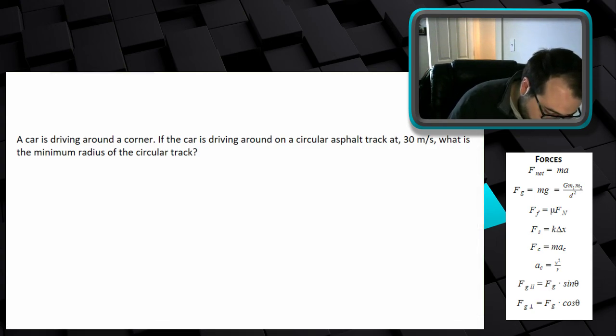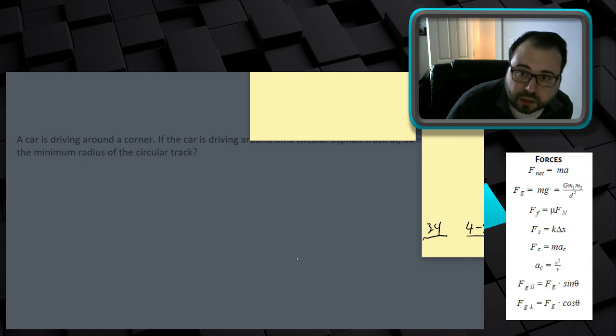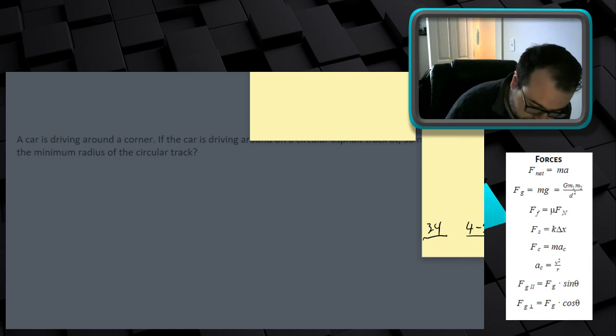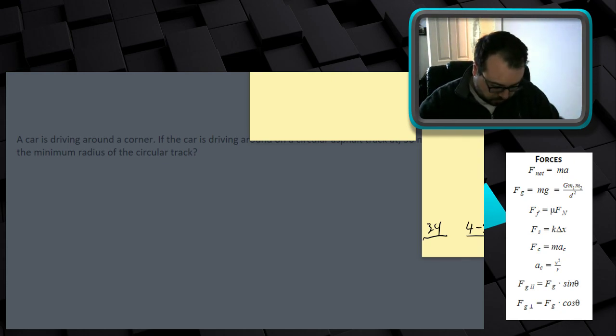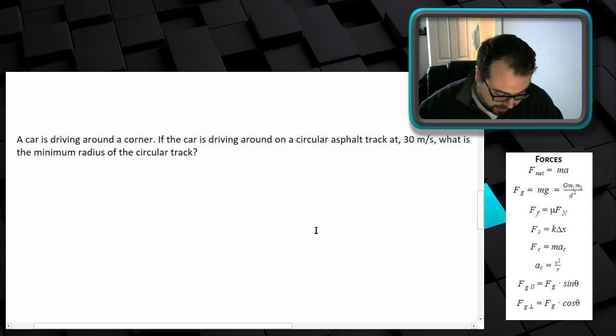Oh, my pen seems to be... Oh, no. Why is it doing this? No, pen, don't do this. Oh, no. That's not good. Computer, no. Oh, geez. All right, a little technical difficulty. Trying to save it real quick.